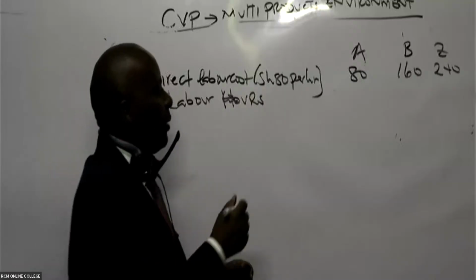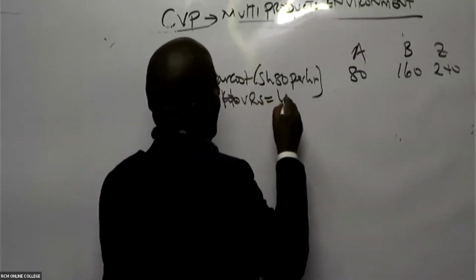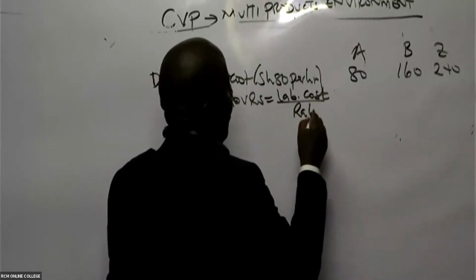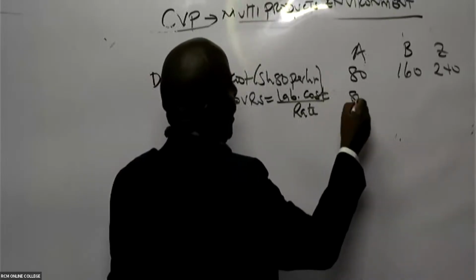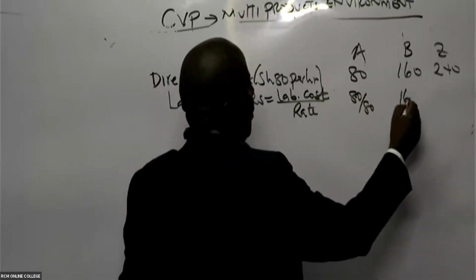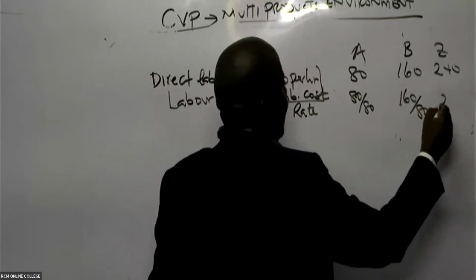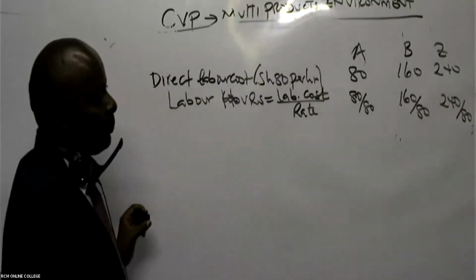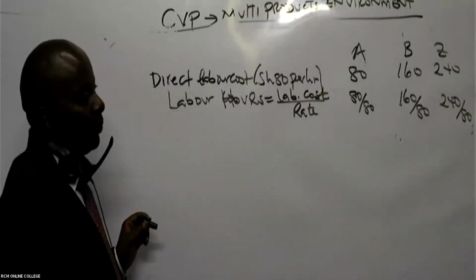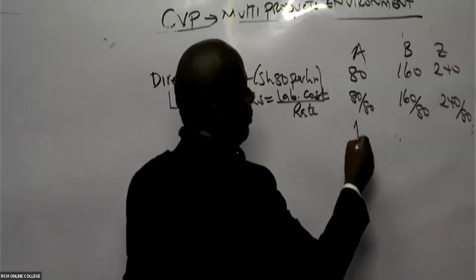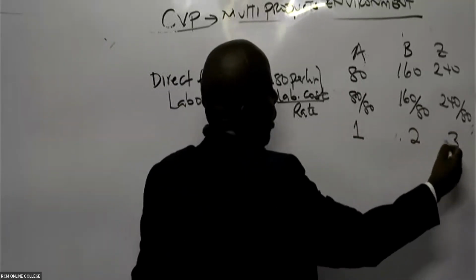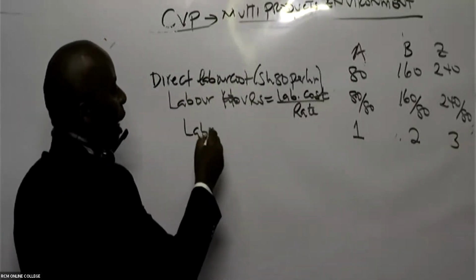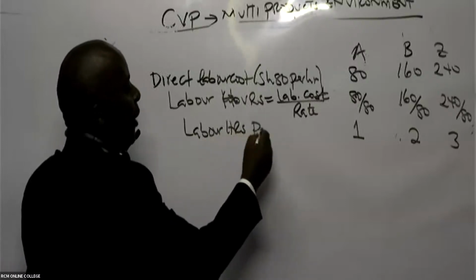So take labor cost divided by the rate. So this is 80 divided by 80, 160 divided by 80, 240 divided by 80. So then this will be 1 hour, this will be 2 hours, this will be how many hours? 3 hours. So outrightly there, we have labor hours per unit.